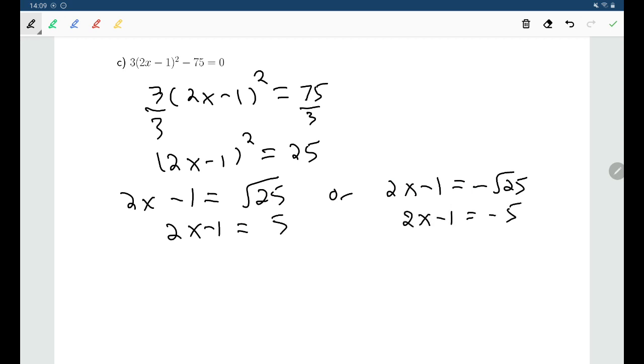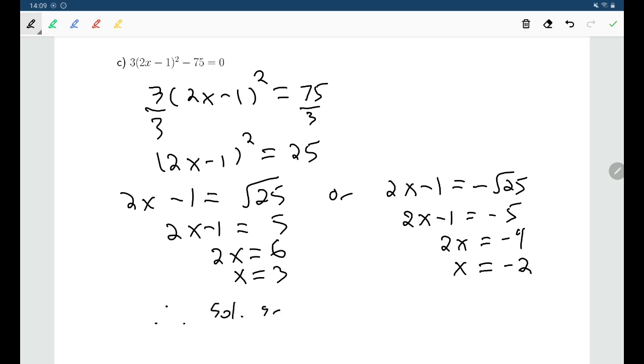And now I just need to solve for x. So bringing the 1 to the other side and solving for x, I find that there's two solutions to this.